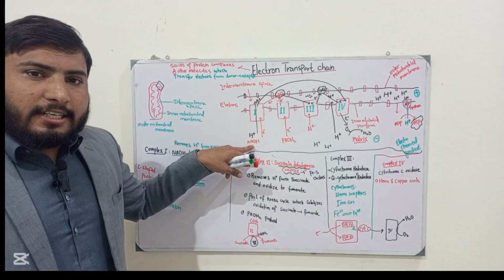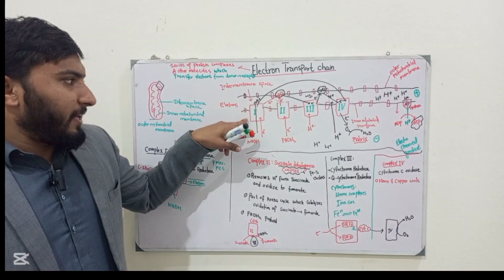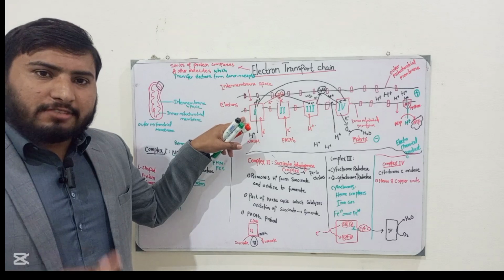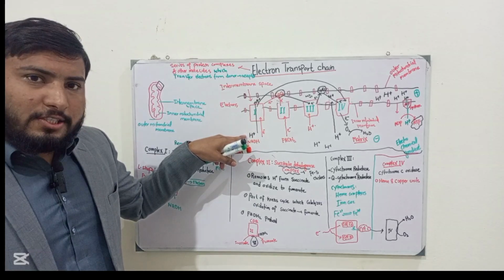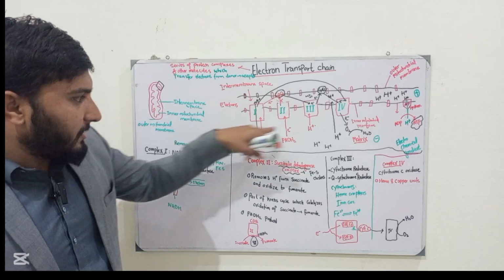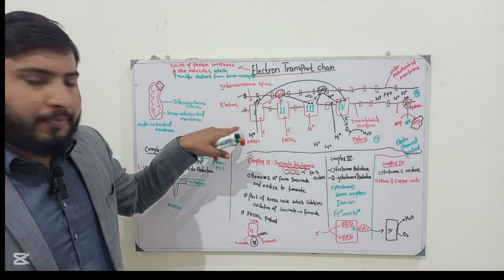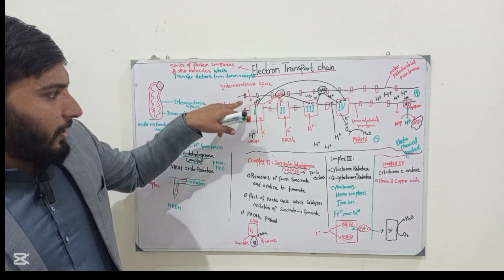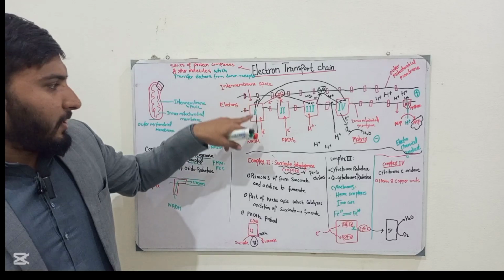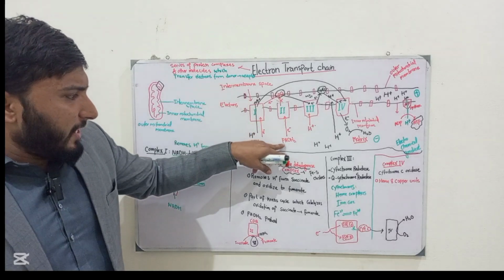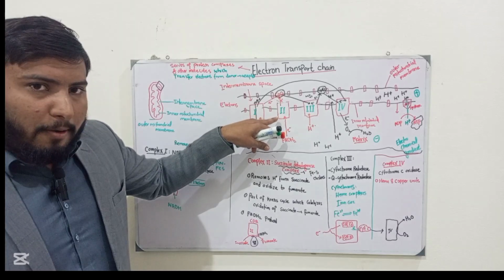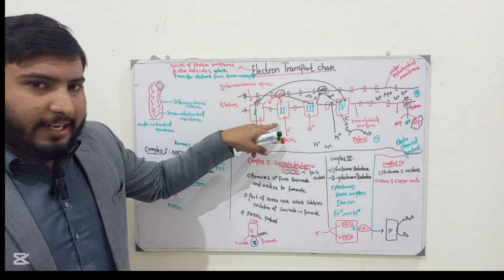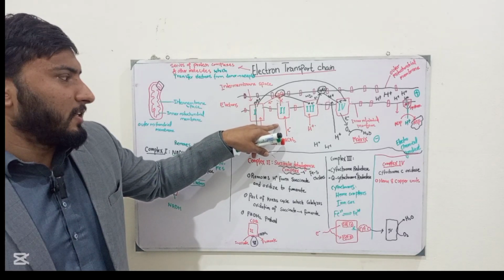When NADH transfers electrons to complex 1, it overcharges with the electrons and it pumps hydrogen ions from the matrix, here is the matrix of the mitochondria, to the intermembrane space. Then FADH2 transfers electrons separately to the second protein complex.